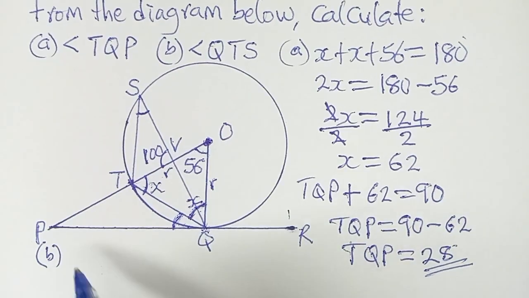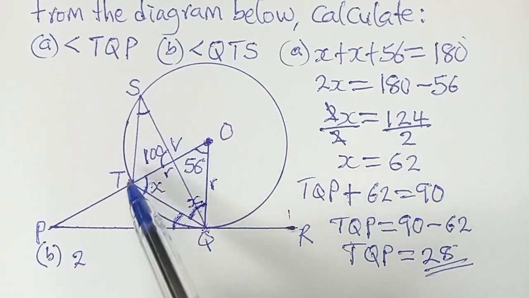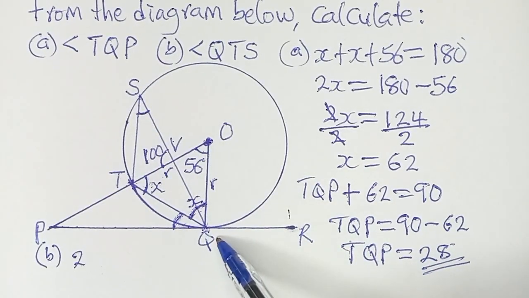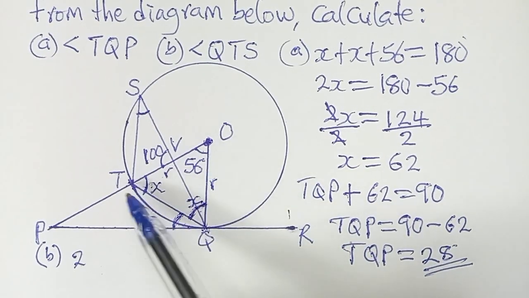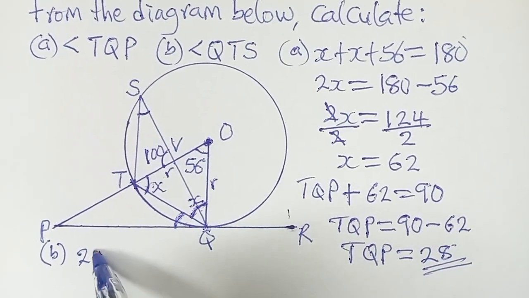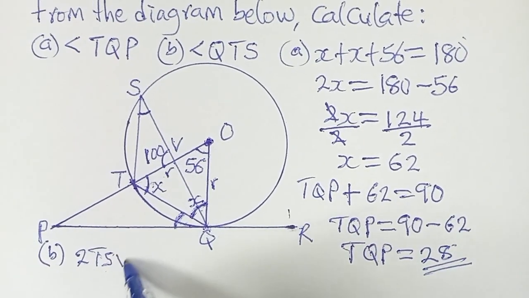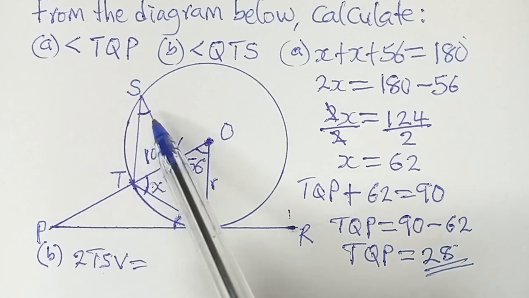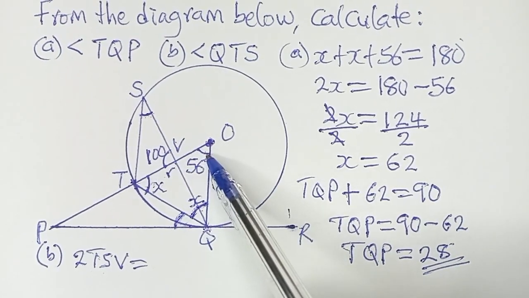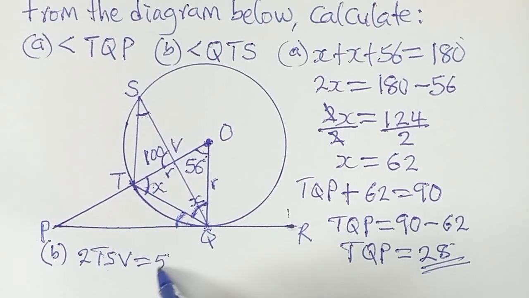So that means 2 times the angle at this circumference, that is TSQ, or I can call it TSV. So twice the angle at this circumference is equal to the angle at the center, which is 56.